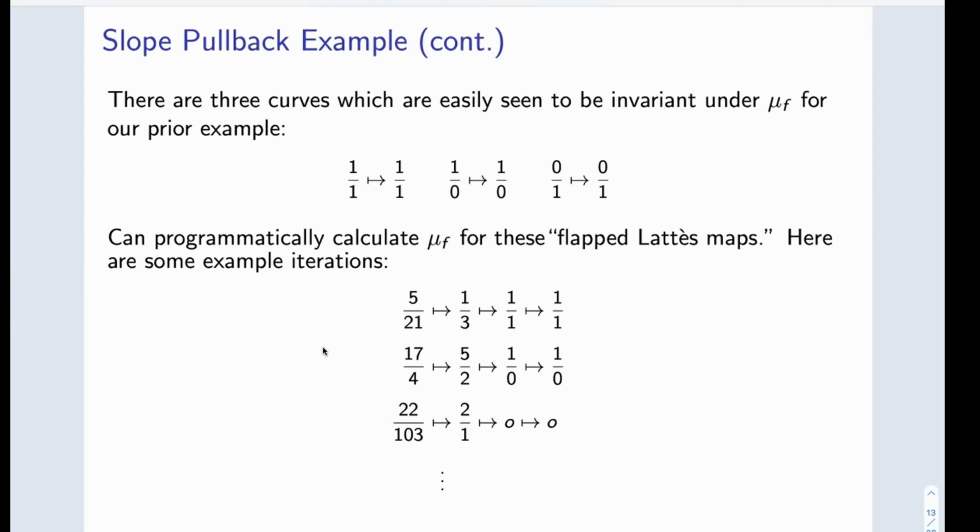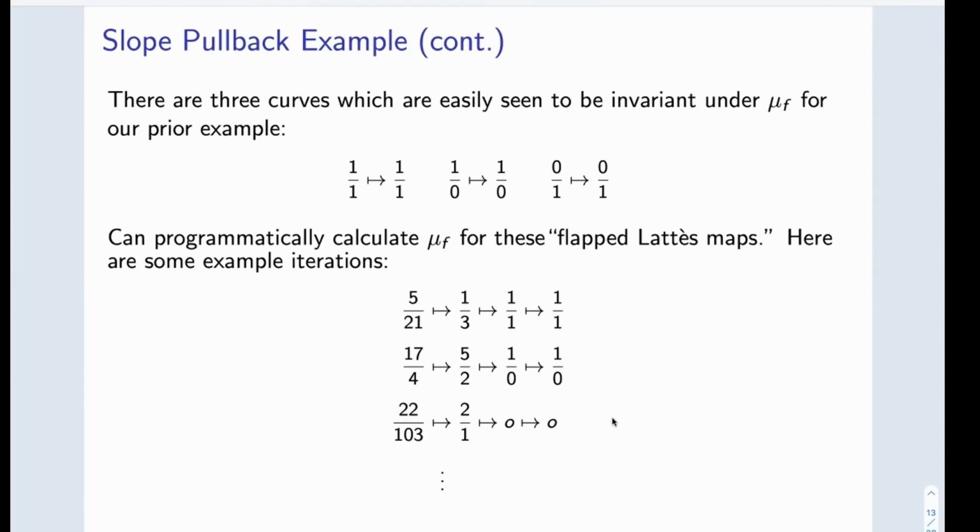And of course, we can have rational numbers that under mu f eventually end up in this peripheral set. I haven't put down too many examples here, but I hope it's somewhat reasonable to expect that regardless of where we start R over S, if we iterate enough times, we'll end up in the same finite set of slope values.